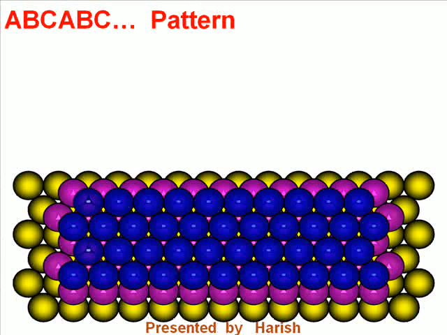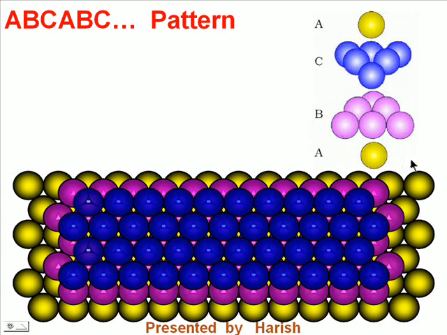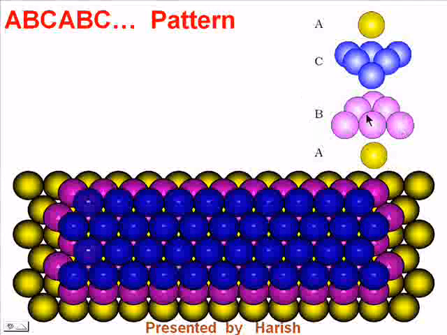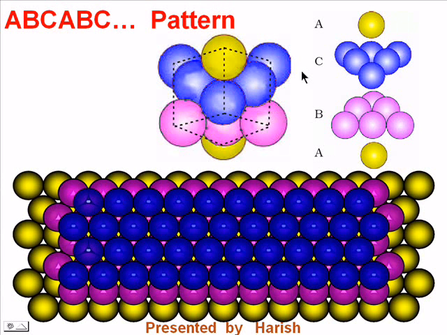ABC type. If AB is hexagonal closed packing, then what about ABC type? Look at here. We have ABC. So this is A, which is again B, which is different from A. Again we have C, which is different from both A and B. Now again A is coming here. If I have a structure like this, it looks like it has a cubic shape. Can you imagine that?